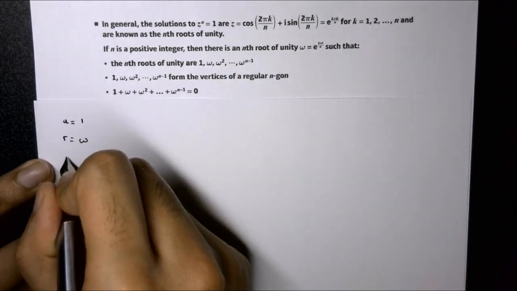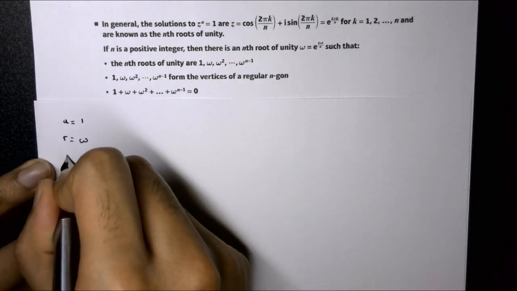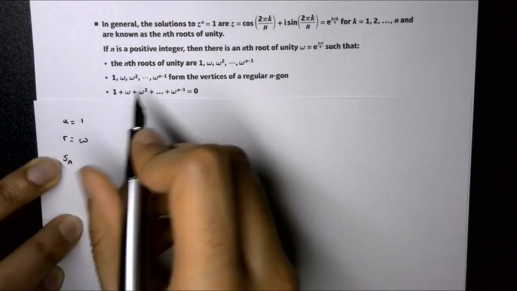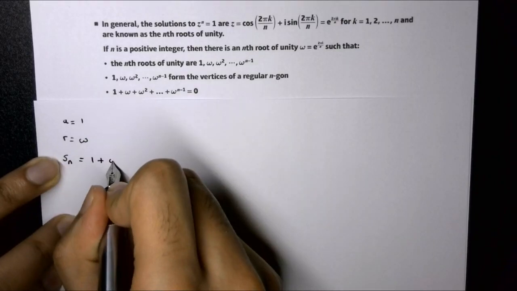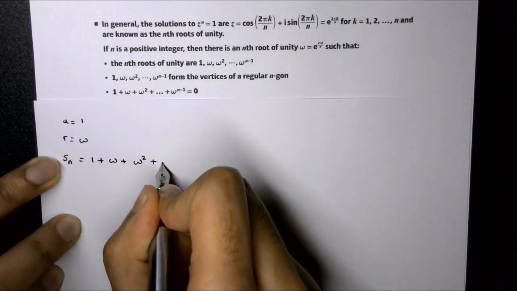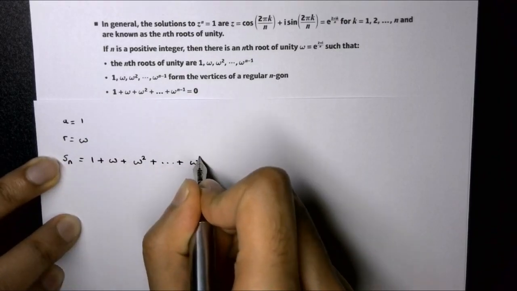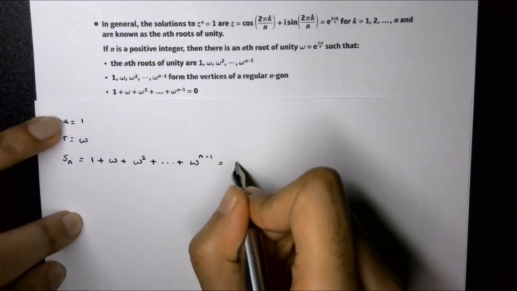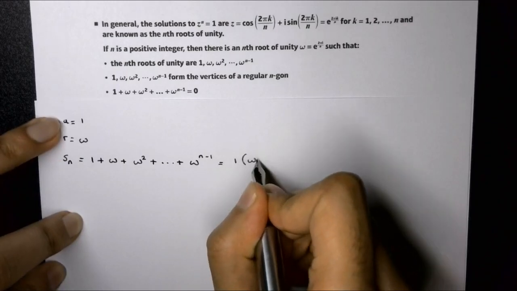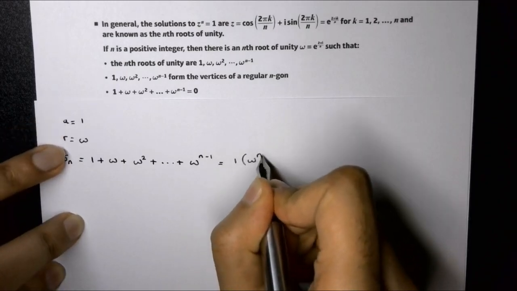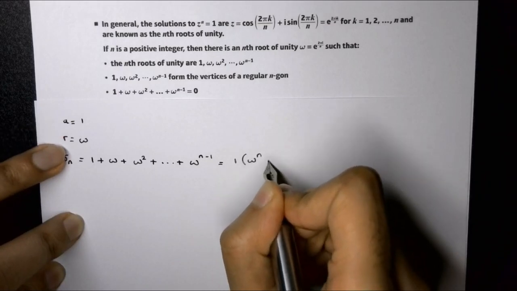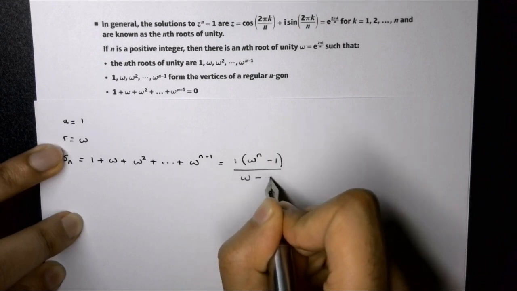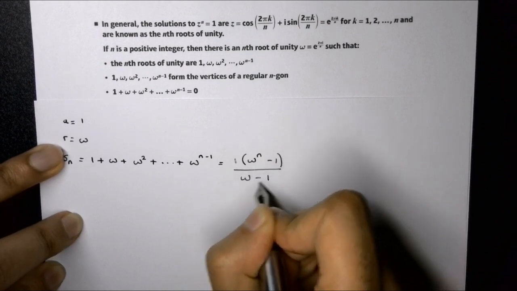so the sum of the n terms over here, we've got 1 plus omega squared all the way up to omega to the n minus 1, and here using the geometric series we've got 1, lots of omega to the n, so that's r to the n, minus 1 over r minus 1, so here we've got omega minus 1.